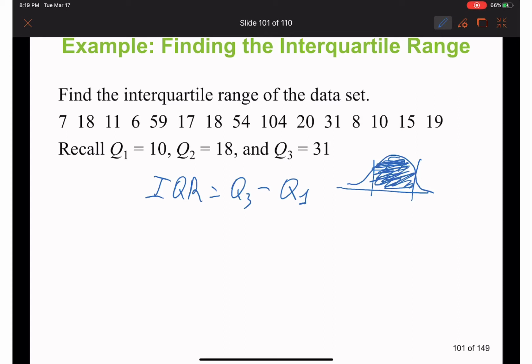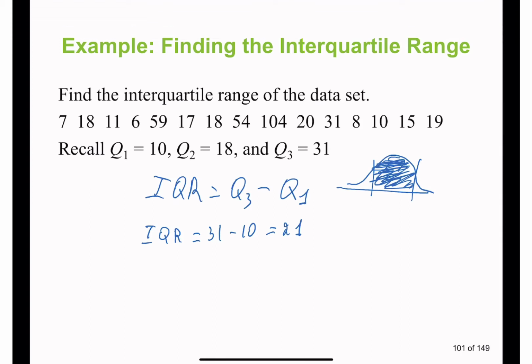So what is the interquartile range in this data set? So Q3, IQR is equal to 31 minus 10, which will be 21. Okay? All right. So the centralized data are within 21 nuclear powers.